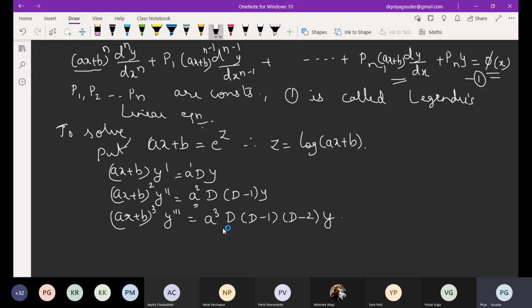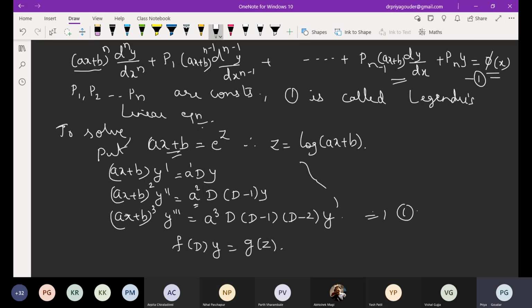Remember the procedure, that's all. No need to memorize anything. So if you substitute ax plus b equal to e raised to z, these are all the changes. If you substitute in equation 1, your equation will be converted to a function of D into y is equal to phi of x, but this x also should be changed as z. I'll call it g of z. Now just check, are these coefficients constants or variables on the RHS?